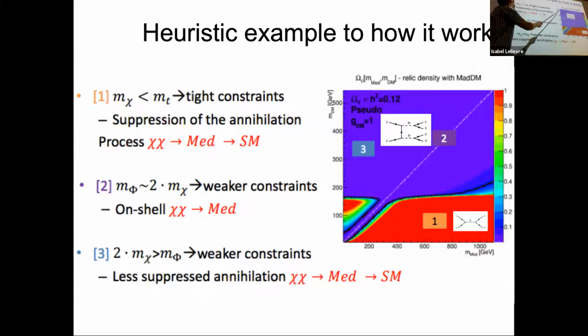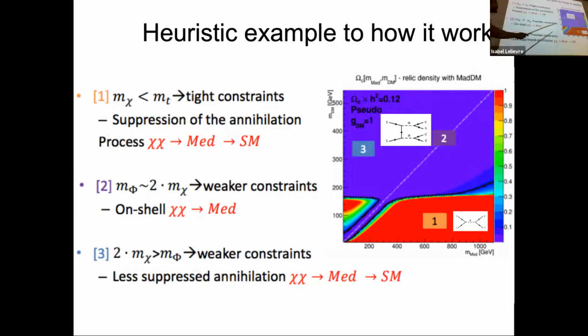This is typically the region where you have light dark matter, right? And can have a heavy mediator, so below this diagonal. The diagonal here is where the mediator mass equals 2 times the dark matter mass, and you get this resonance. And so dark matter can freeze out at a later time scale.